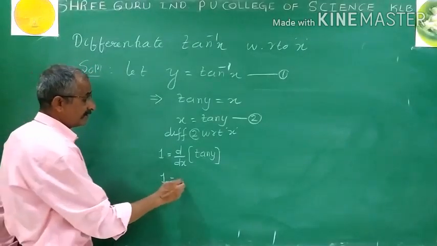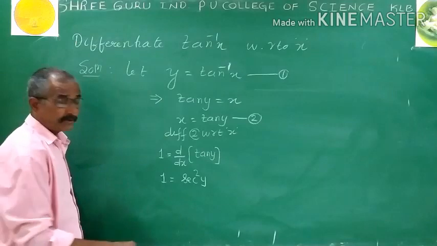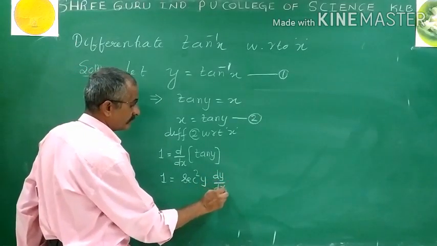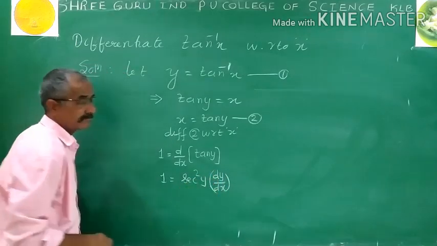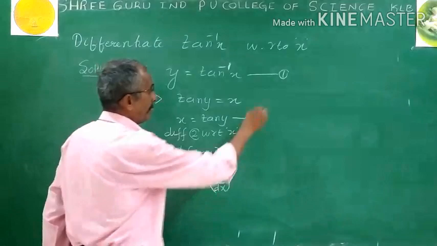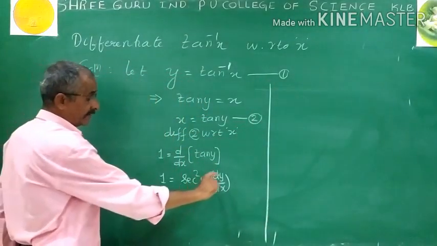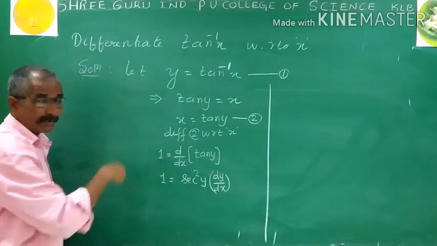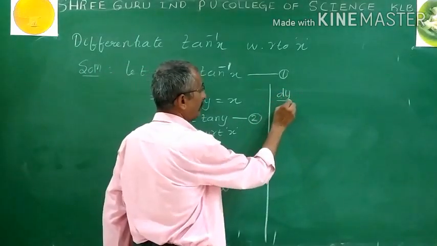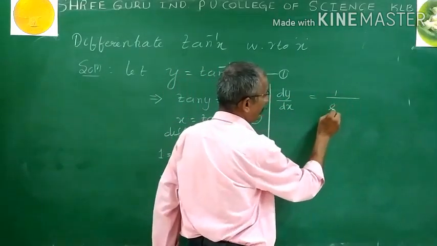In the same manner, secant square y into dy by dx. From this, dy by dx will be defined by 1 divided by secant square y, which implies dy by dx equals 1 divided by secant square y.